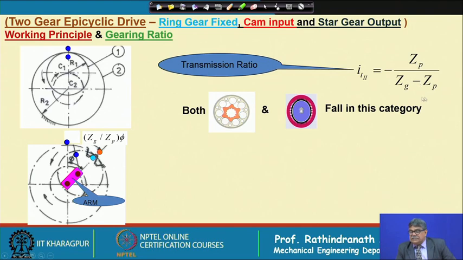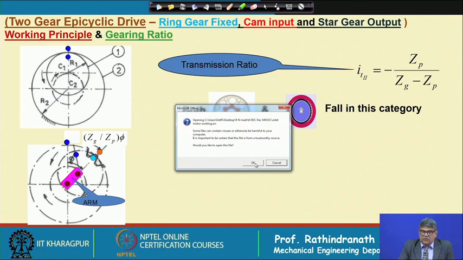If we make this difference very low, then the transmission ratio will be high. The minus sign means that the arm is rotating clockwise and the output, the speed of the inner pinion, is in the opposite direction. So, this minus sign comes automatically.